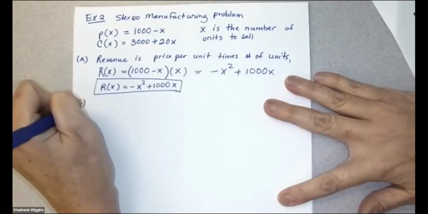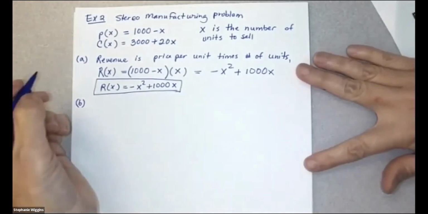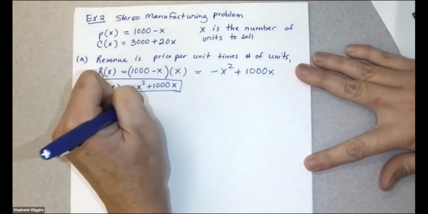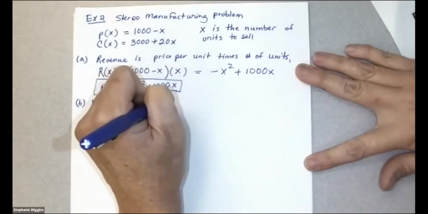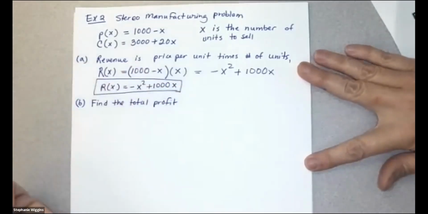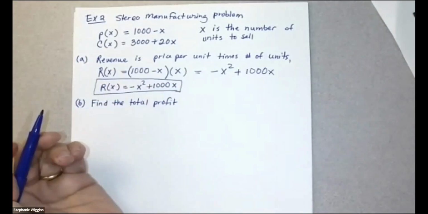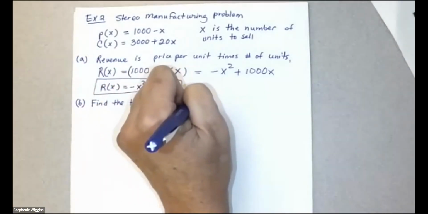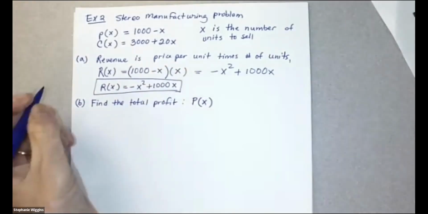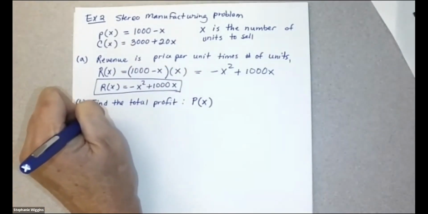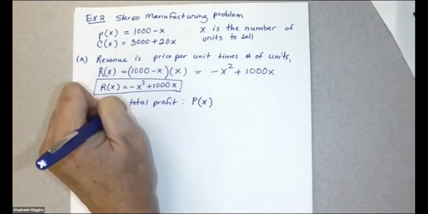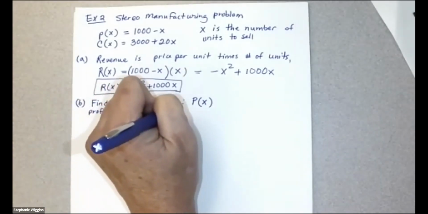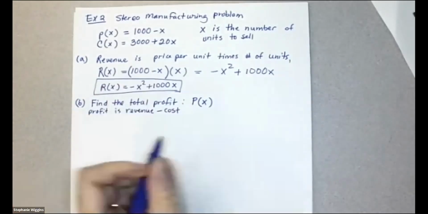Now, part B, we want to find the total profit. And for the profit, I'm going to use P, but I'm going to use capital P because I used little p up here. So the profit is the revenue, the money that you bring in, minus the cost that you put for producing the product.